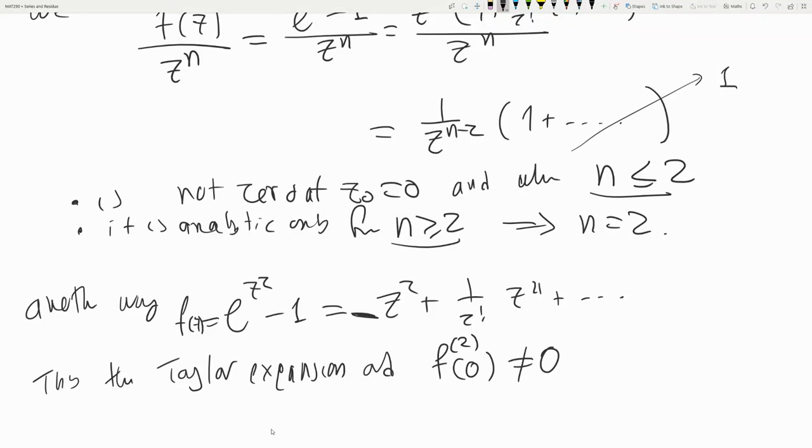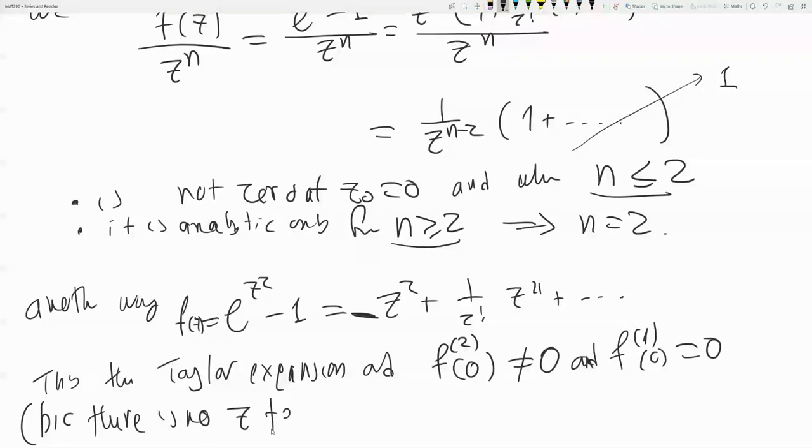And f prime at 0 is 0 because there is no z term. So this is much easier. Therefore the order is n equal to 2.